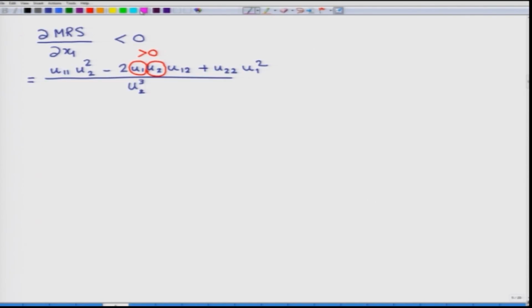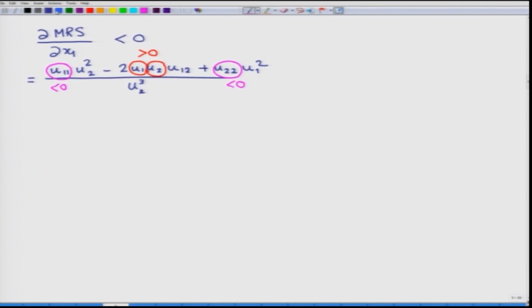Now, let us look at these double partial or the second order partials. So, u11 and u22. As we have already assumed that there is law of diminishing marginal utility, we can again assume that these will be negative.